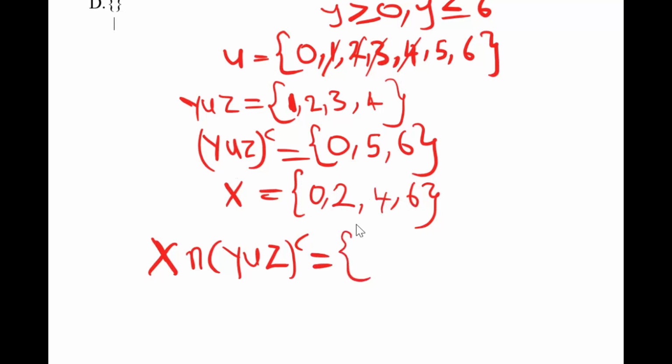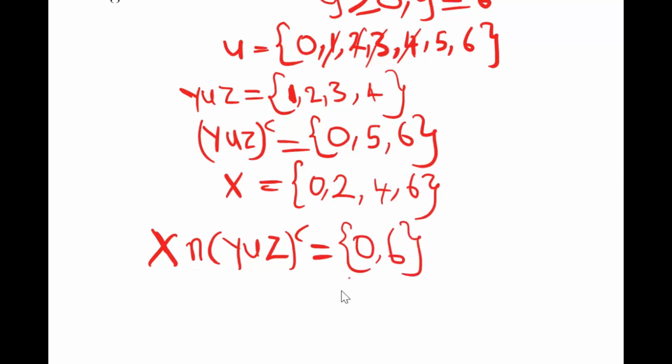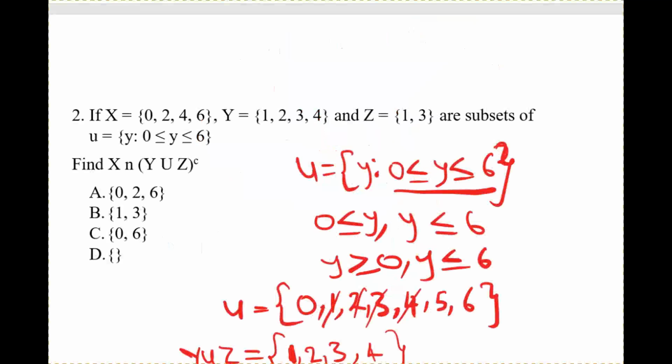There is 0 here and 0 here, write down 0, and there is 6 here and 6 here. Our final answer is 0 and 6. Checking the options, we can say that option C is the right answer.